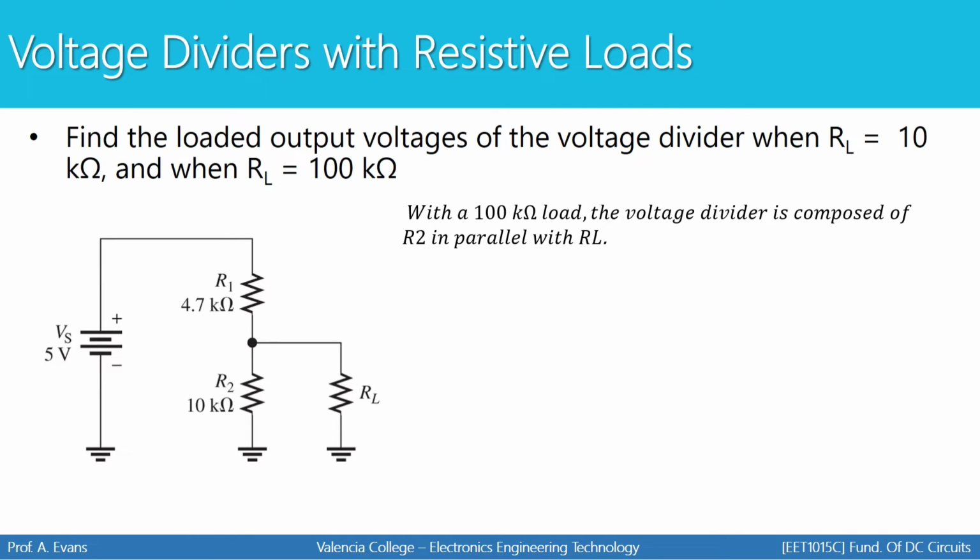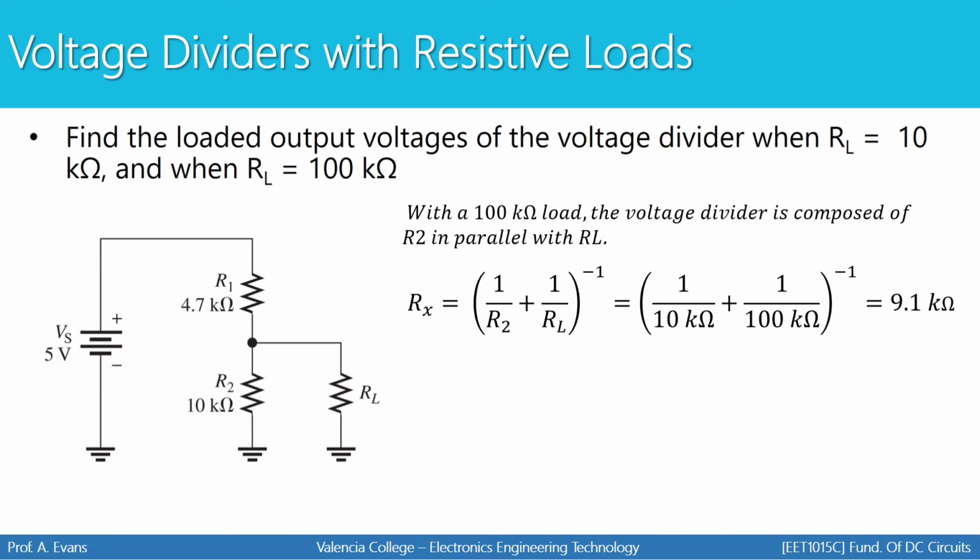If I were to repeat this with a 100K load, Rx would now become 9.1K. Again, if this load is increased to 100K, it's in parallel with R2. We have to combine these together, so we're going to combine them and get 9.1K.